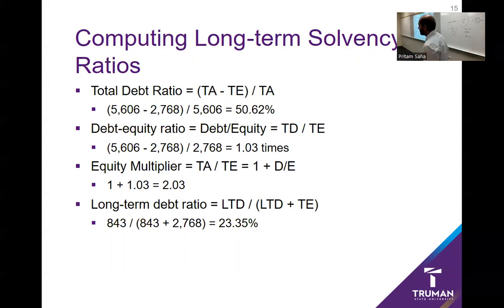What is the interpretation? 50% of your assets are financed by total liabilities. So that means if I own this share, I'm putting forth 50%, and my bondholders, liability holders, are also giving 50%. Now we are owning this share.